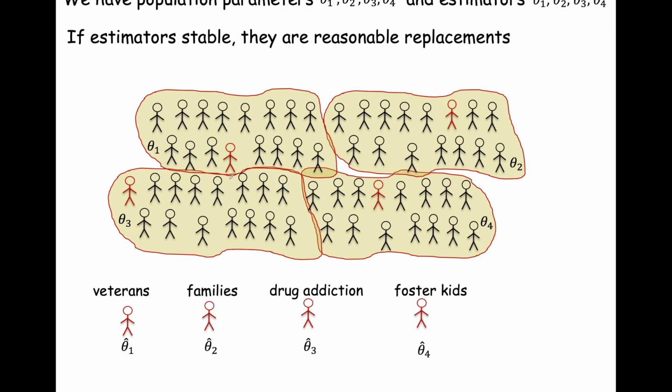And we don't really know what they are, but through samples, you can compute statistics that are reasonable replacements for these unknown parameters. These are estimators theta 1 hat, theta 2 hat, theta 3 hat, and theta 4 hat. So theta 1 hat is the replacement for theta 1, theta 2 hat is a replacement for theta 2, and likewise up to theta 4 hat as a replacement for theta 4.